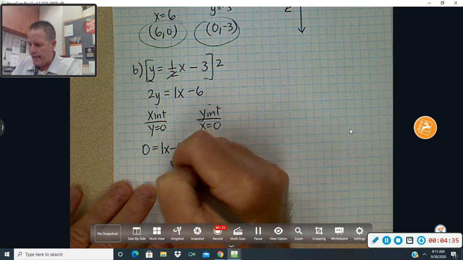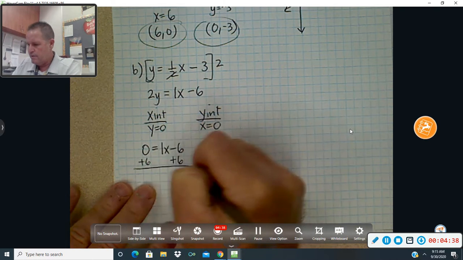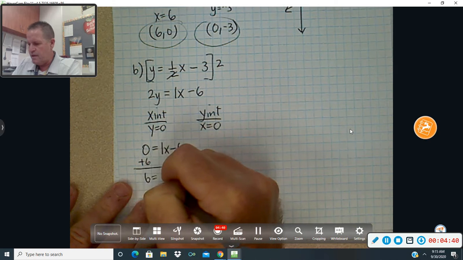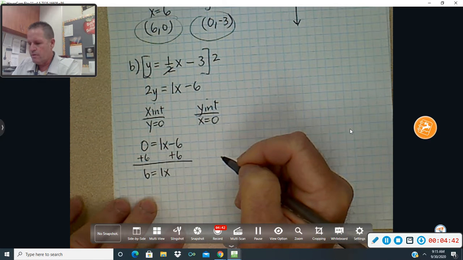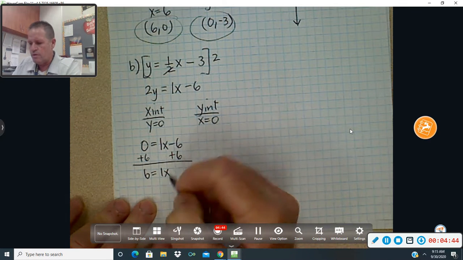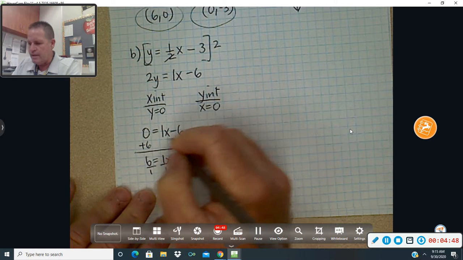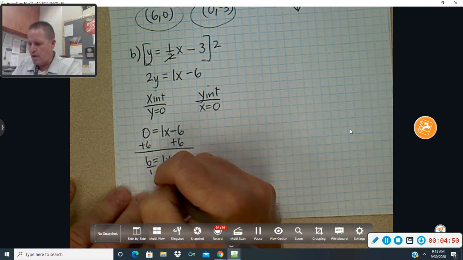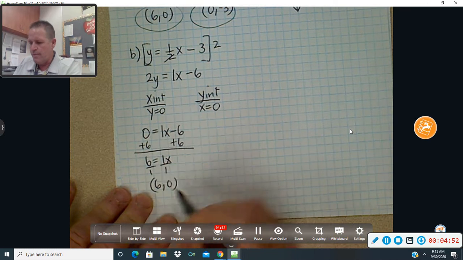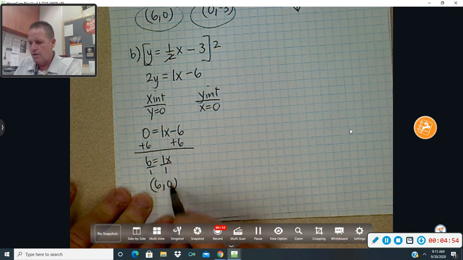Okay, so we're going to add 6 to the other side. So you're going to have 6 equals 1x. That means that x equals 6, dividing each side by 1. Okay, so my x-intercept is going to be (6, 0), because x is 6, y is 0.